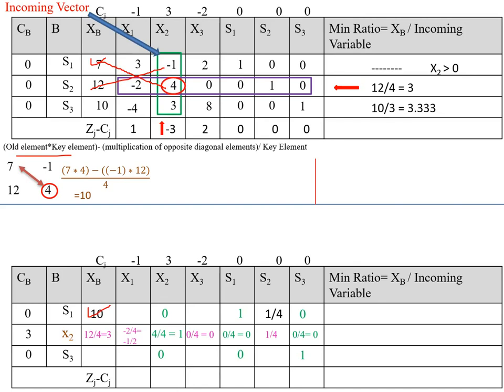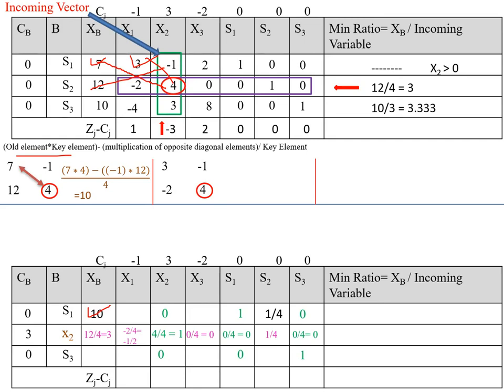Similarly, next the old element is 3 and we have to identify the key element here. Next we identify the opposite diagonal elements, so for 3 and 4 the opposite diagonal elements are minus 1 and minus 2. So I do the same calculation here.